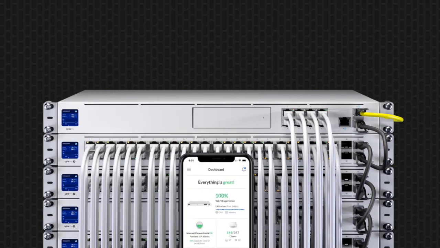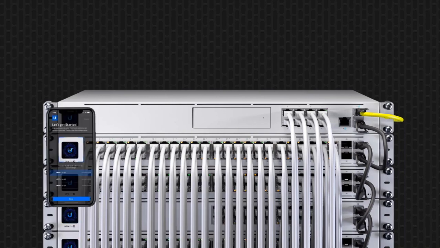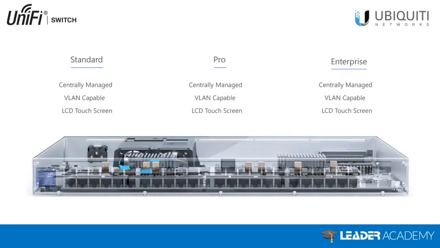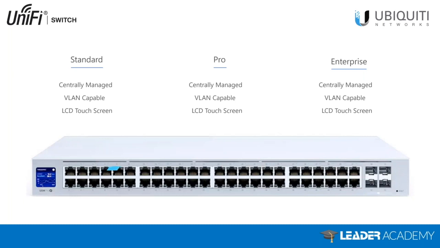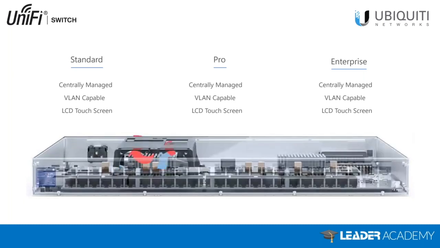One of the best features of the Gen 2 switches is that they actually offer near silent cooling. The UniFi standard switches are fanless, so as you were well aware, the Gen 1 switches were quite noisy, but the Gen 2 standard ones are fanless, meaning that they can be deployed anywhere and they're cooled passively.